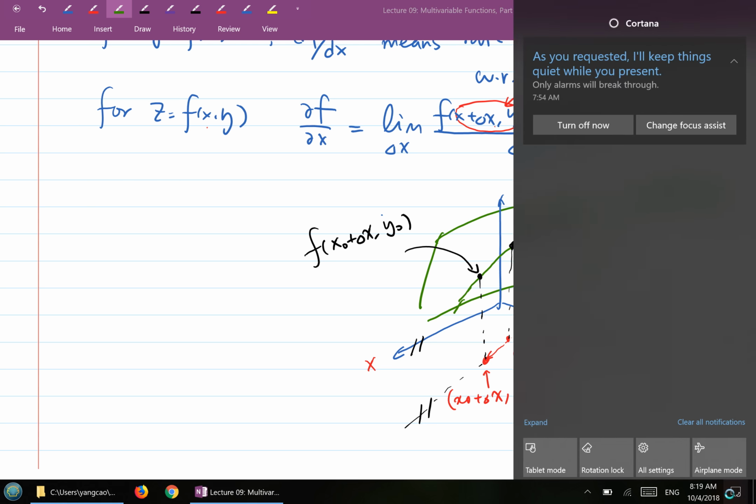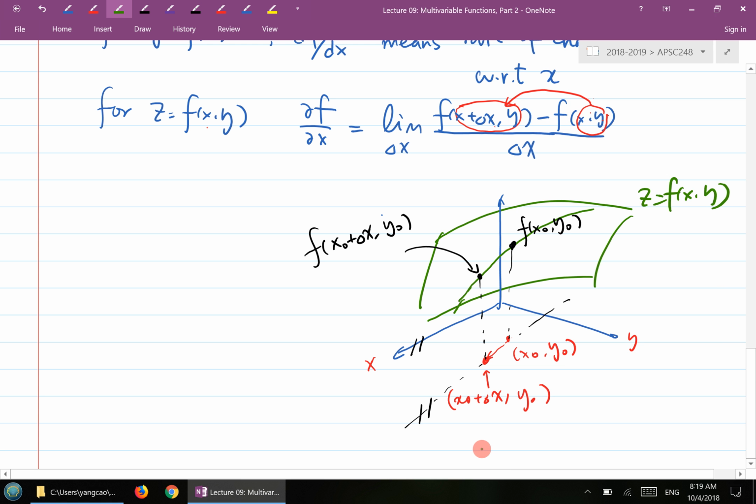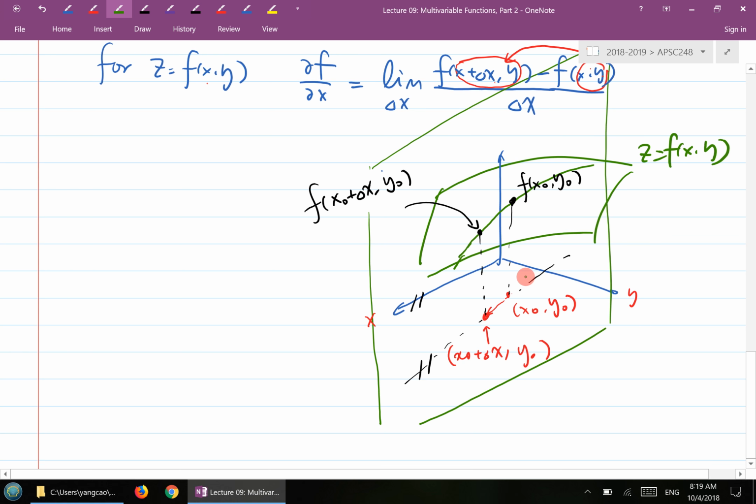Alternatively, I could explain this another way. This is a straight line, and you can consider it as if you have a plane. If you extend that straight line all the way up and down, you get a vertical plane, and that vertical plane intersects this surface, which gives you this intersection, the intersected curve, the green one here.